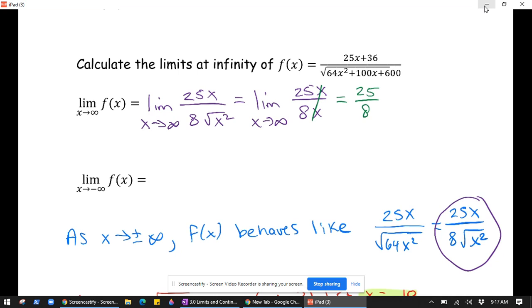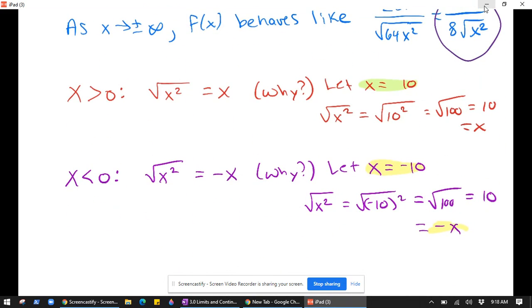On the other hand, let's say we were evaluating this limit here as x goes to negative infinity. So this is the limit as x goes to negative infinity of 25x over 8 times the square root of x squared. Again, we're just using our end behavior model. But because we're talking about x values that are negative, as x goes to negative infinity, that means x is less than 0. We're going to replace the square root of x squared with negative x.